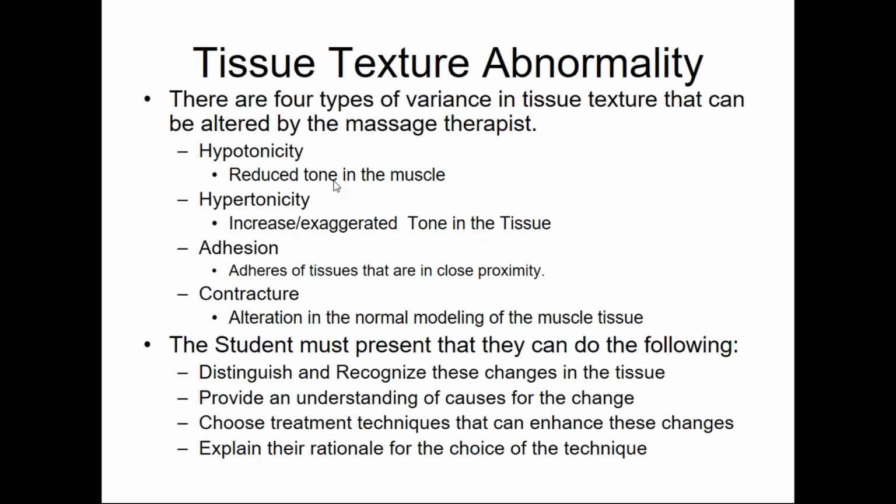The other two types of dysfunction you can have are adhesions, where you actually have adhering together of muscle fibers to one another, or you can have contracture, where there's actually been damage to a muscle fiber and there has been a repair process put in place, very often reforming into what is referred to as scar tissue.